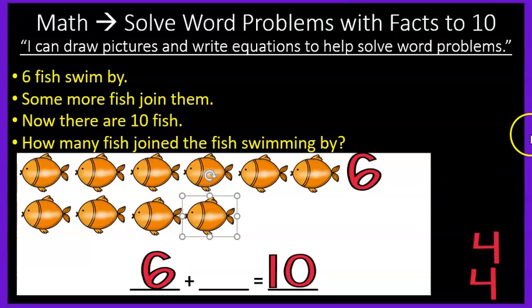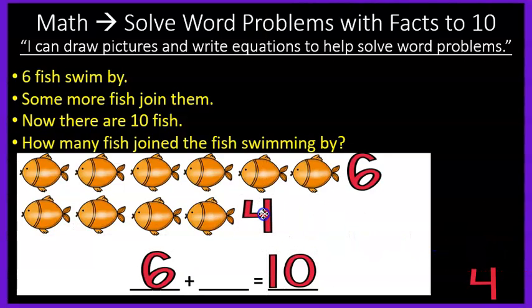How I did that? Now look. These fish now joined in with these fish here. All you do now is you're going to count up this second row. Let's count it together. 1, 2, 3, 4. So boys and girls, watch me.